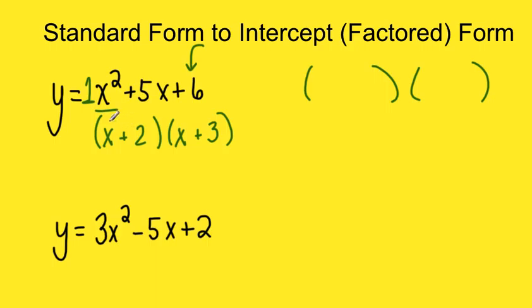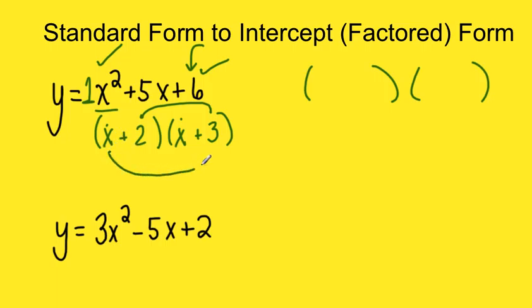So now you have to check it. Does x times x equal x squared? Yes. Does positive 2 times a positive 3 equal 6? Yes, it does when I multiply. Notice I checked my first one and the last one first, because if those don't work, I just need to stop and try something else. Now try your outer and inner.